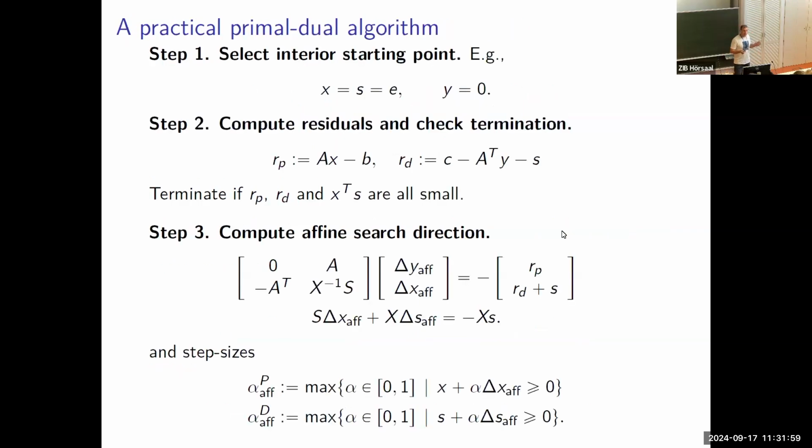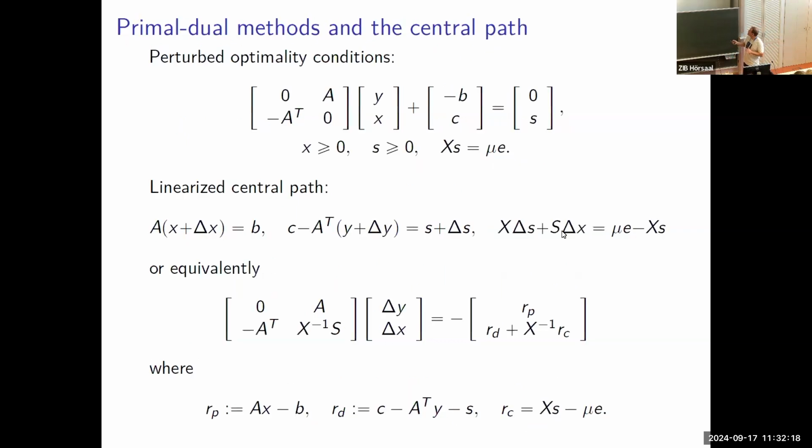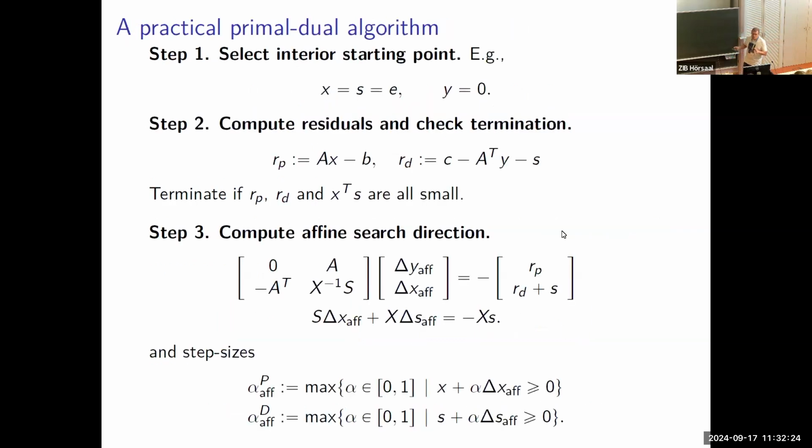And if we can take a full affine step, meaning we compute the search direction, and then x plus delta x and s plus delta s are in the cone, we can take a full affine step, then we're done, because then we have solved the original optimality conditions without the perturbations. Normally, that's not what we're shooting for.